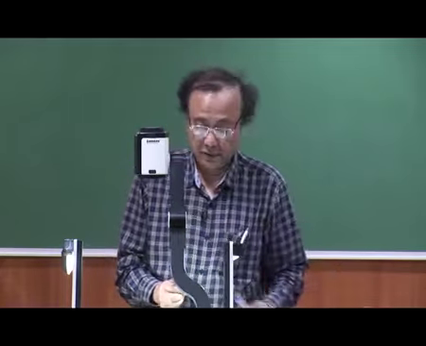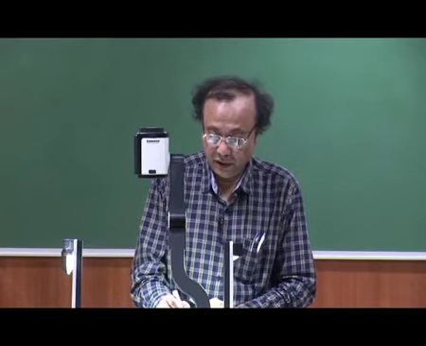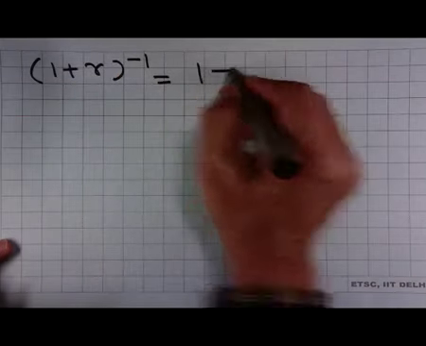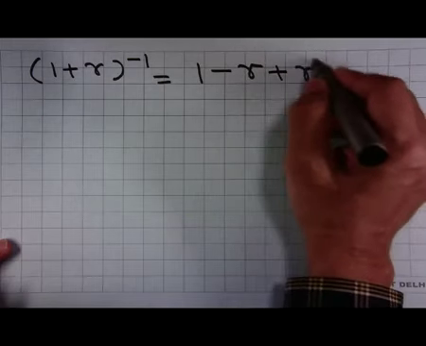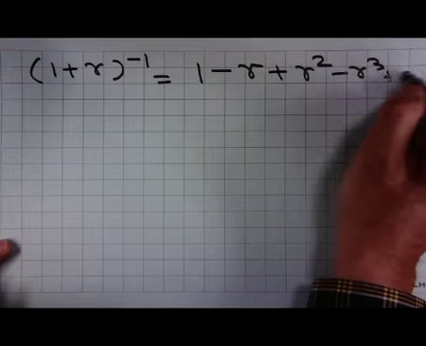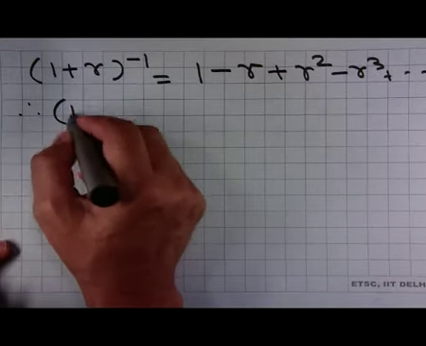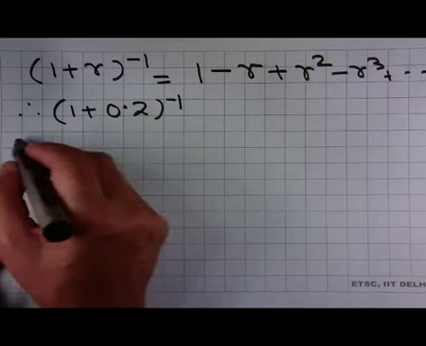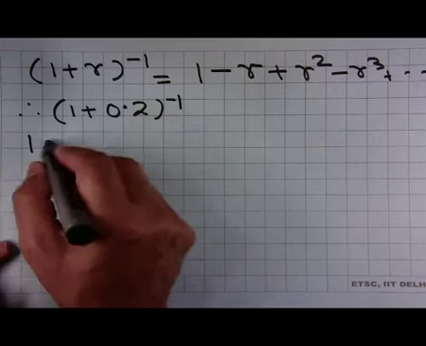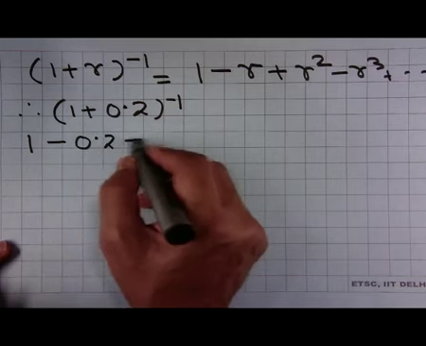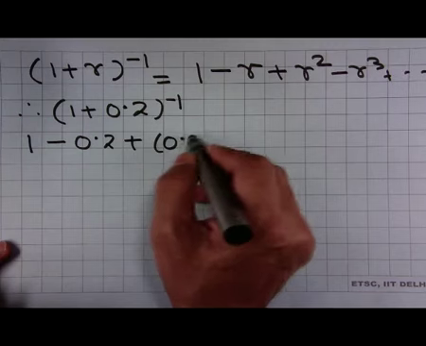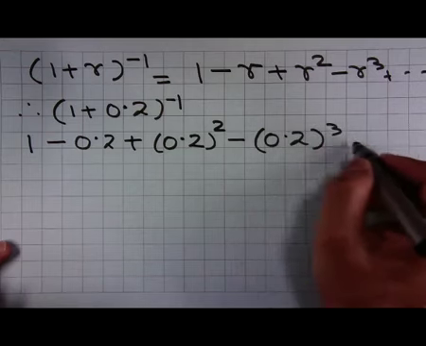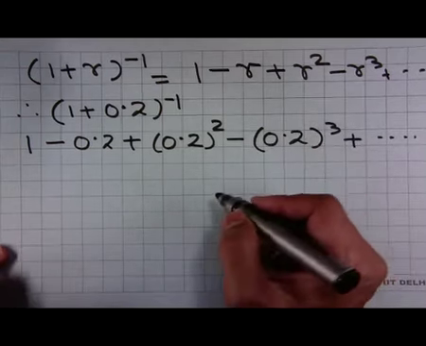We have the formula (1 plus r) to the power minus 1 is equal to 1 minus r plus r square minus r cube, etc. Therefore, (1 plus 0.2) inverse is 1 minus 0.2 plus 0.2 square minus 0.2 cube plus, like that.